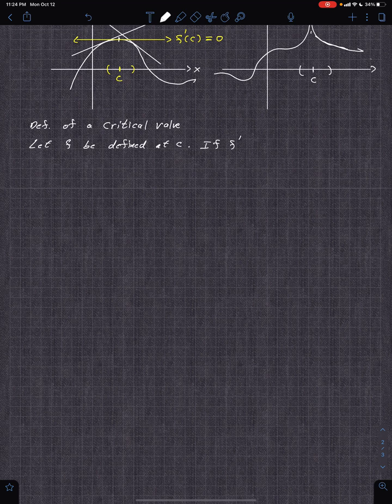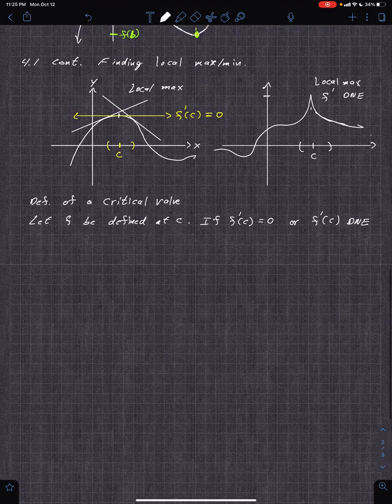If f prime of c equals 0, or f prime of c does not exist, like approaches infinity or negative infinity. So that's this case, of course, here. This is a DNE case. So, are both these functions continuous? Right, look how I drew that. Is that continuous? Is this continuous? Yeah, both are continuous.